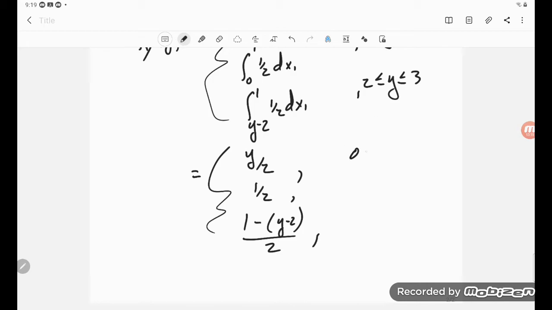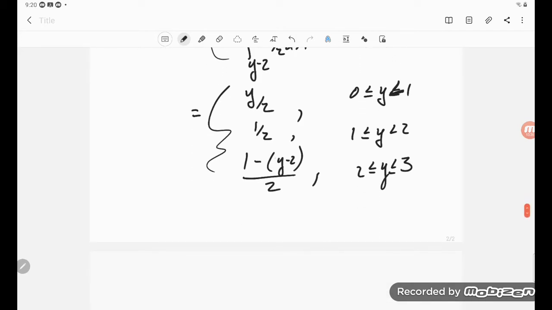So this is 0 less than or equal to y less than or equal to 1, 1 less than, strictly less than 1, less than or equal to y less than 2, and 2 less than or equal to y less than or equal to 3. Now this, I've got a 1 minus a minus, so I'm just going to erase this and make that a 3 minus y.